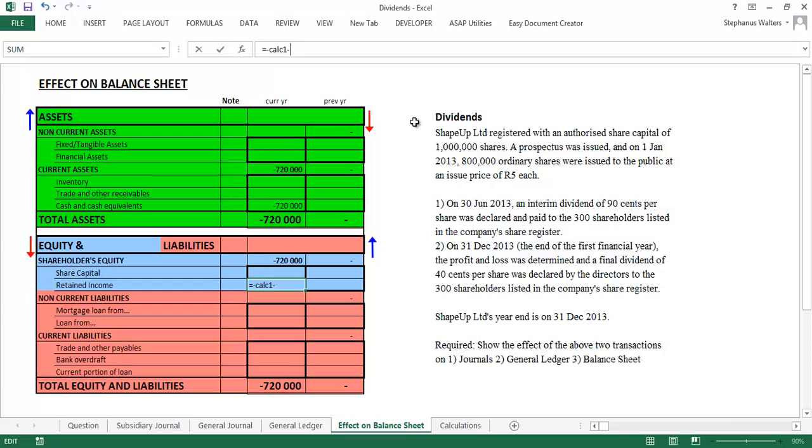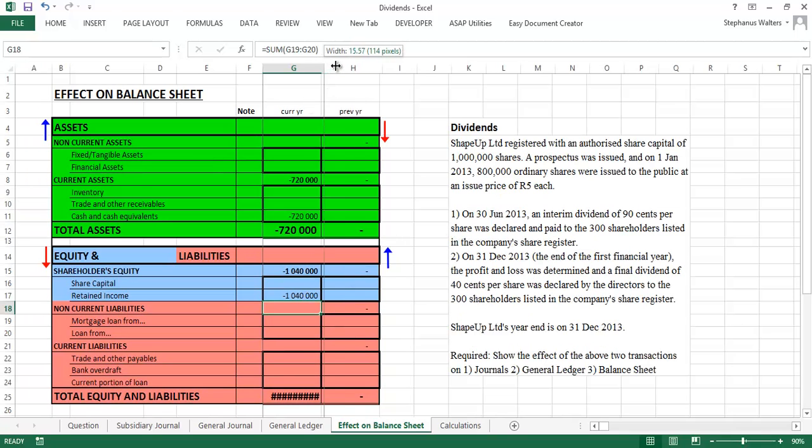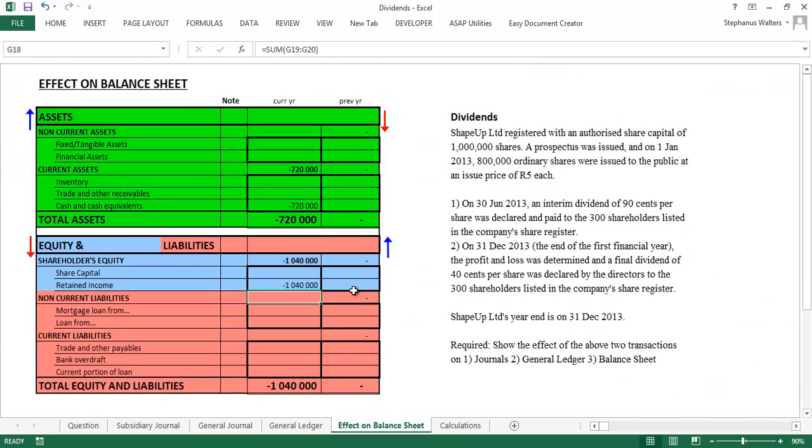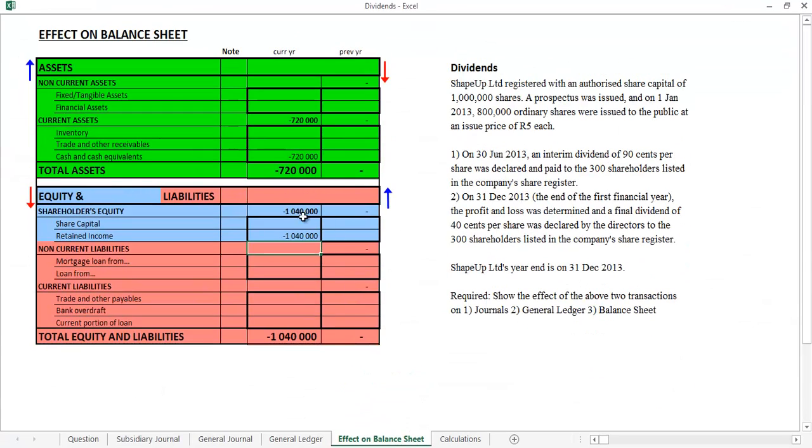So it's going to be minus the 720 minus the additional 320 from calculation 2, let me just open this up a little bit. And that gives me the minus 1.04 million.